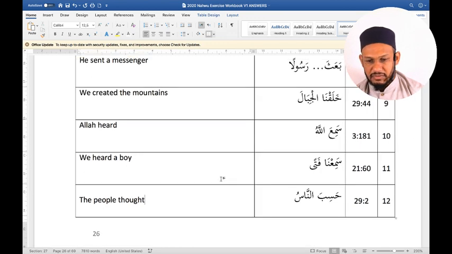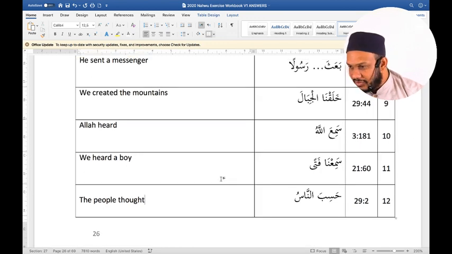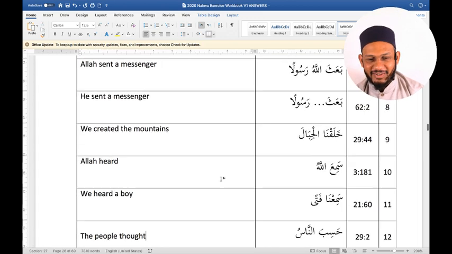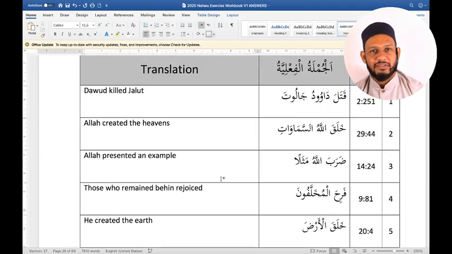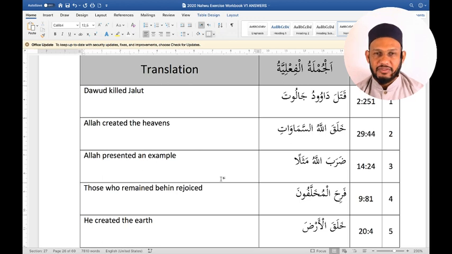Okay. So, mashallah, I see the answers coming through, and all the answers appear to be right so far. These are all actually examples from the Quran. So you actually translated some phrases from the Quran using fi'il, fa'il, maf'ulun bihi. As you read in the Quran this Ramadan, keep looking for a fi'il, try to find the fa'il, try to find the maf'ulun bihi.